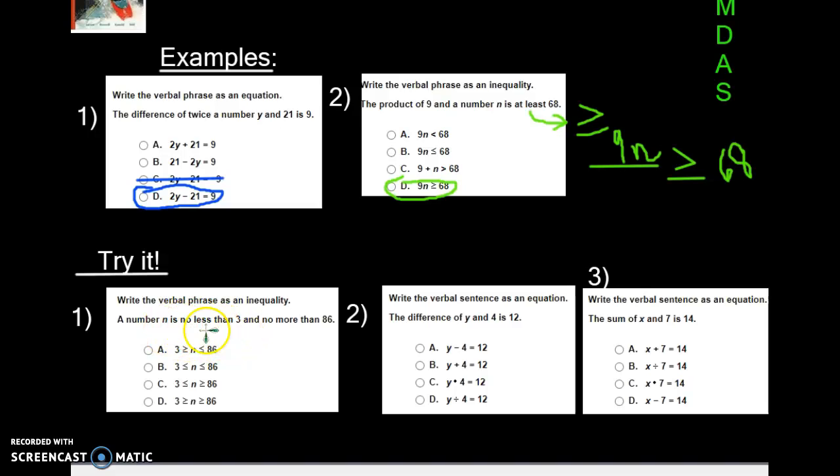When they say no less than something, they're referring to n being greater than or equal to something. So right here it would be 3 is greater than or equal to n. And then I'll let you figure out the rest.